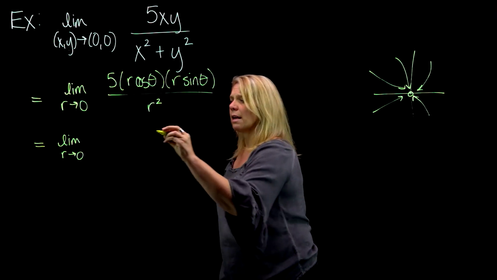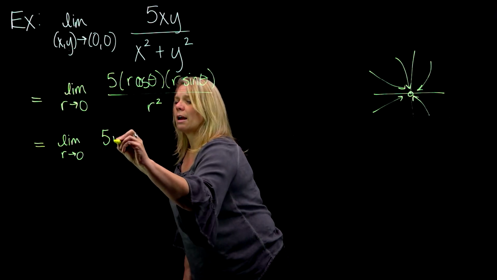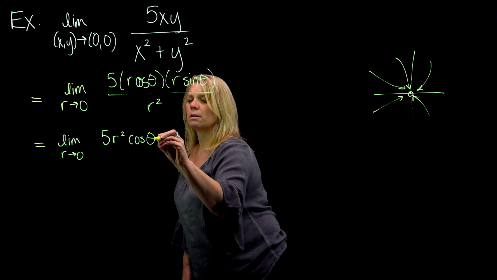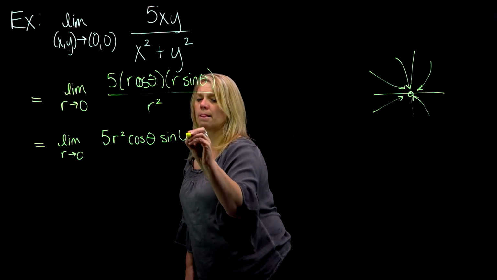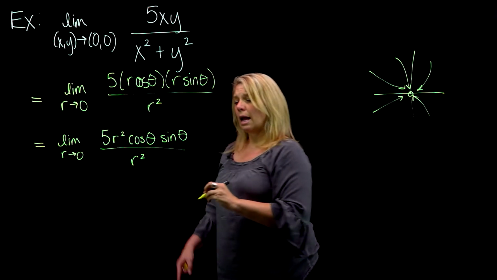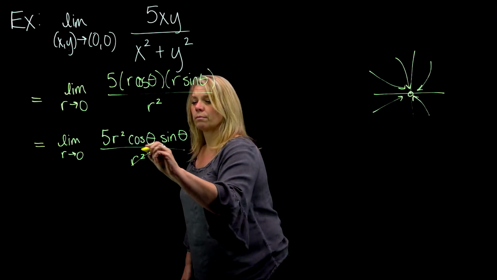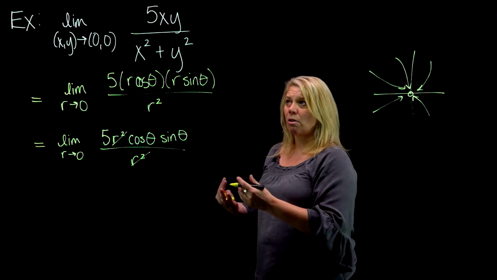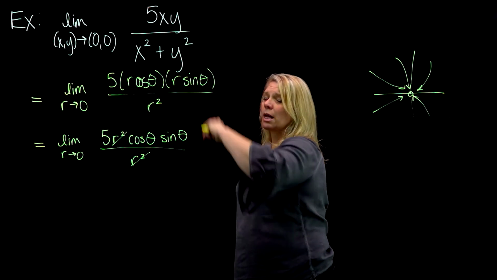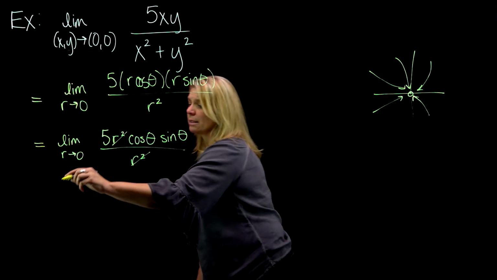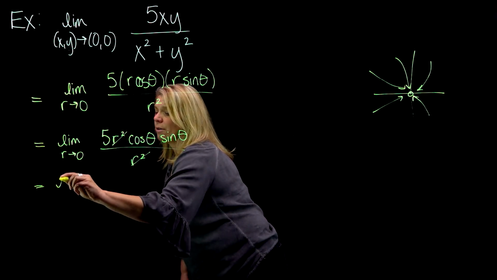But if I simplify this, I get 5r squared cosine theta times sine theta all over r squared. And then my r squareds cancel. So when I do that, I've now changed the domain of the function. It's no longer the same function that we were working with at the beginning, but the function will have the same limit as r approaches 0.